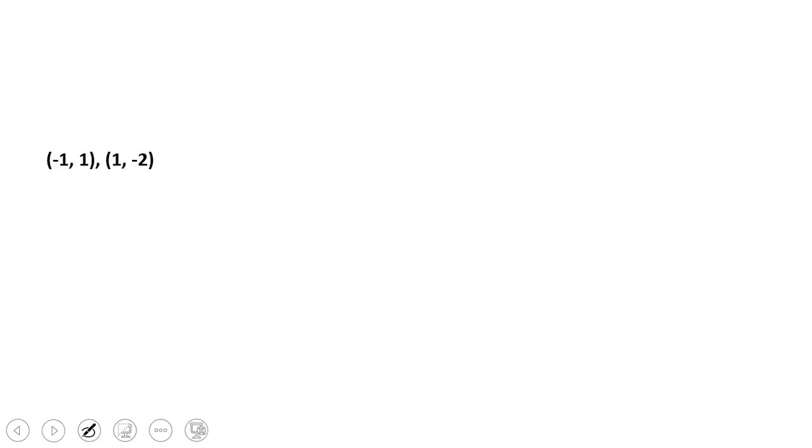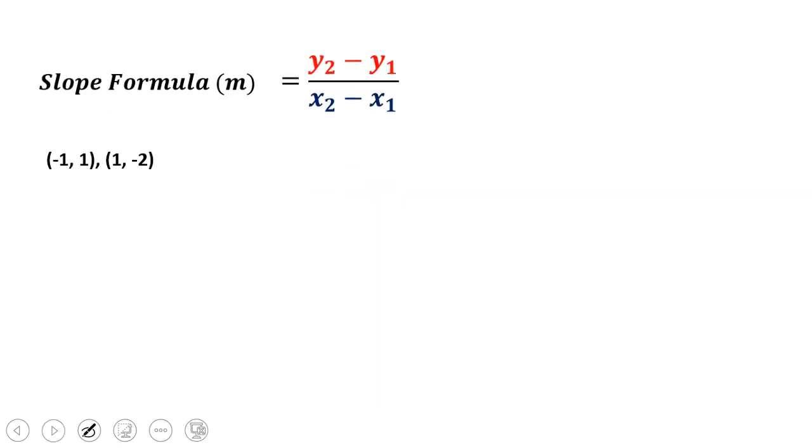All right, we're not going to spend the rest of this time doing all those different methods. I'll just pick a method and choose to do it. On this next one, when I have points (-1, 1) and (1, -2), I am going to use the slope formula. So I'm just going to say that I have x1, y1, x2, y2. And if this is a method that works for you, you really want to pay attention. And then you plug it in. And you say -2 minus 1 over 1 minus -1.